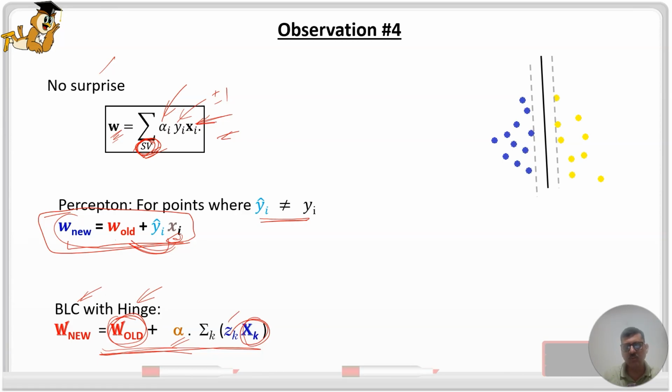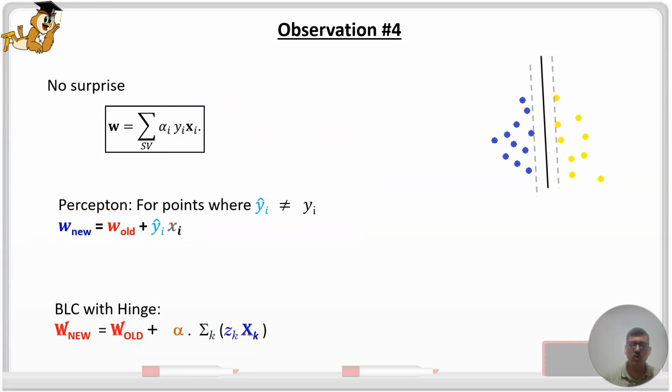You can go back and see what this zk was. But again, you are doing a linear combination of the input points over and over again in your recursion. SVM also does the same thing, except that here the linear combination is only over the support vectors.